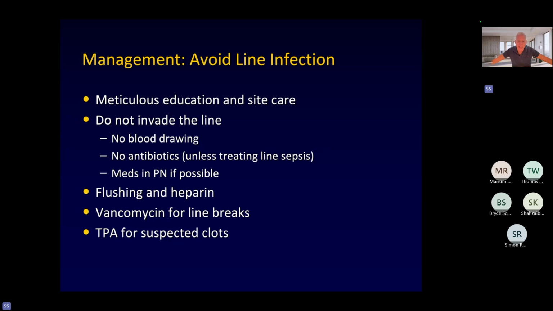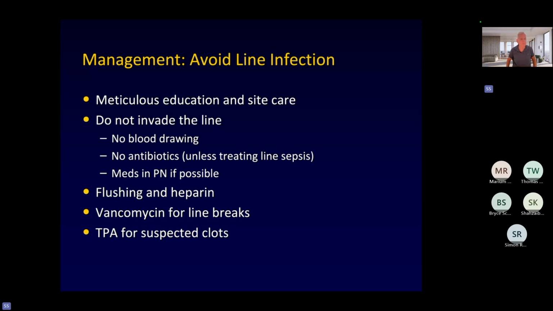Meticulous education and site care given by a qualified individual with a limited number of individuals having access to the line is the most important thing that anyone can do in terms of trying to limit line infections. There should really be only one nurse on every shift who's managing the lines.